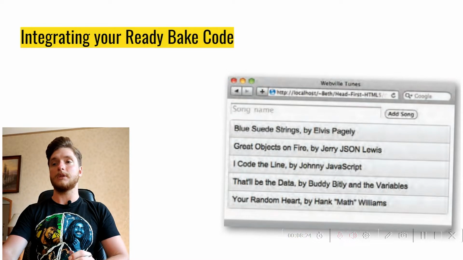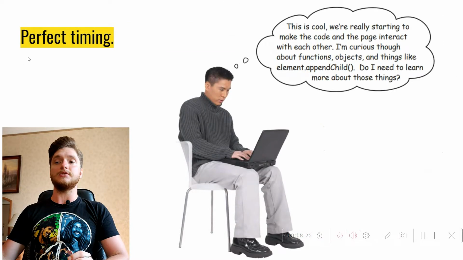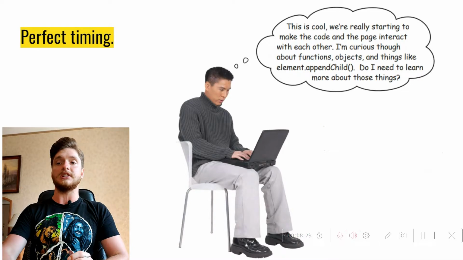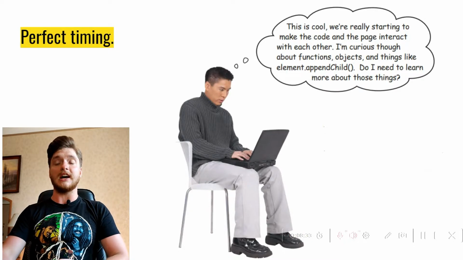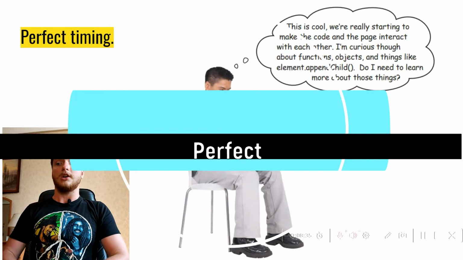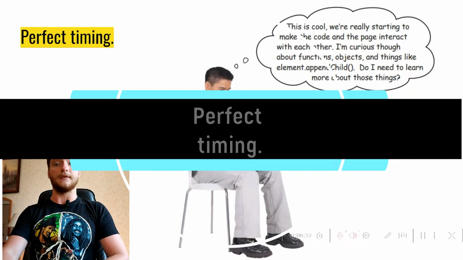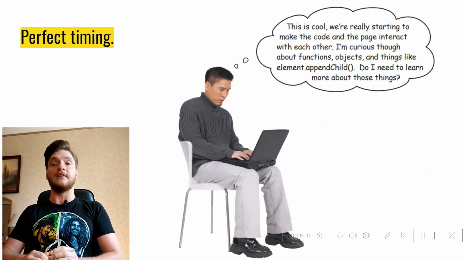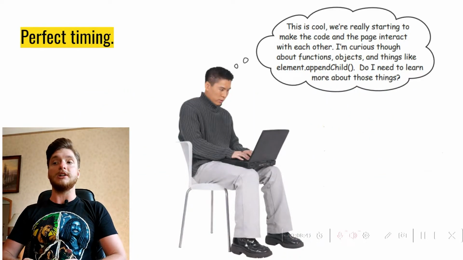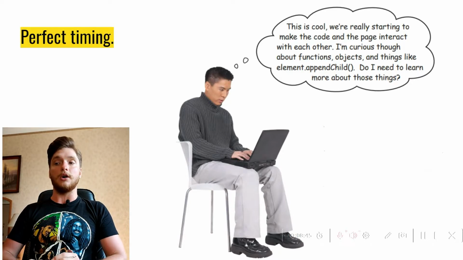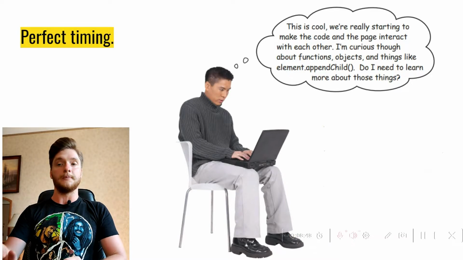Okay, this is cool. We're really starting to make the code and the page interact with each other. Next, we wanted to give you a complete interactive example of HTML markup and JavaScript working together to build the first part of a web application. If you think about it, you've already done a lot.